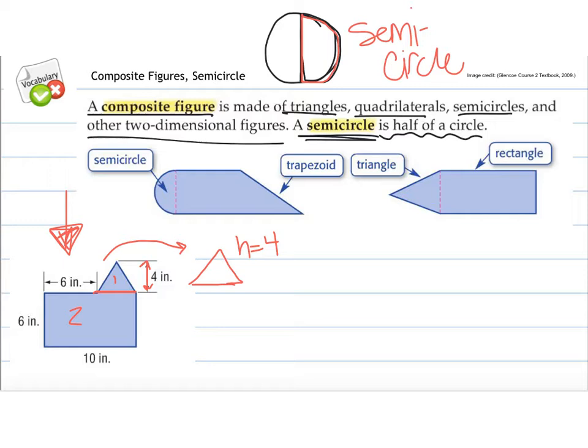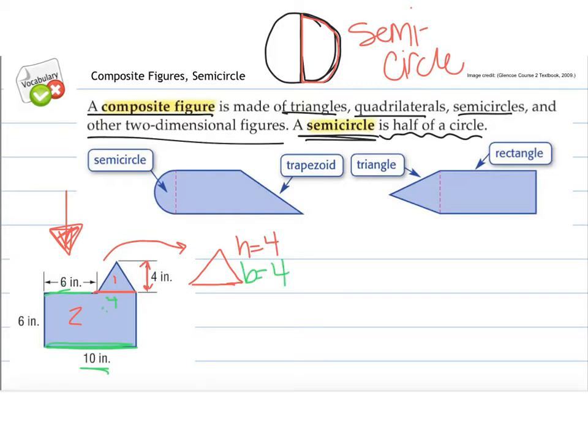Then for the base, this whole thing right here is 10. If this is 6 right here, then this base has to be 4, because 4 plus 6 equals 10. So the base is 4 also.